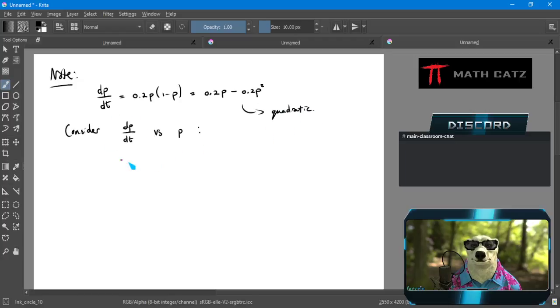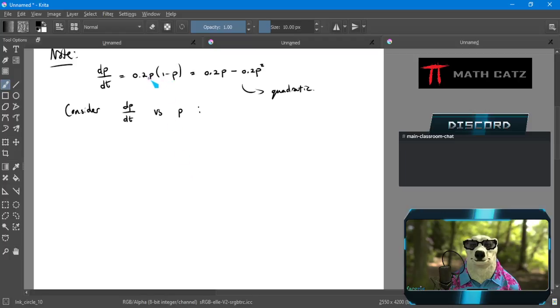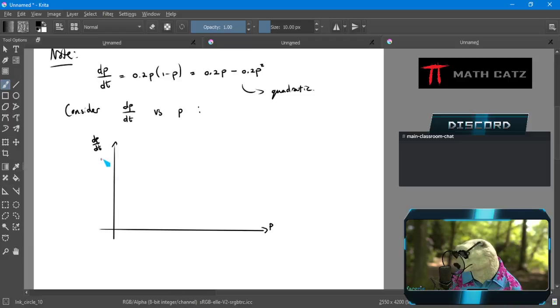So the growth rate, not per capita, is a different note now. The growth rate is a quadratic function in p, and a simple one as well, because I can see the intercepts and everything. If I graph that, with p the horizontal axis and the growth rate, dp dt, the vertical axis, it allows me to make some simple observations without having to solve the whole differential equation.